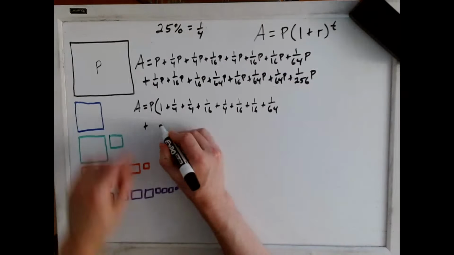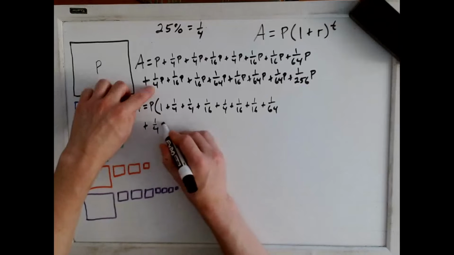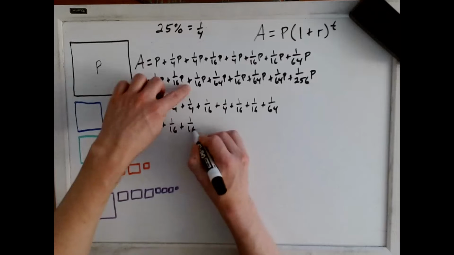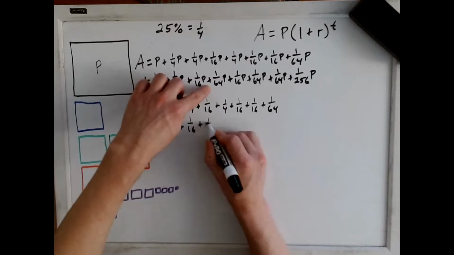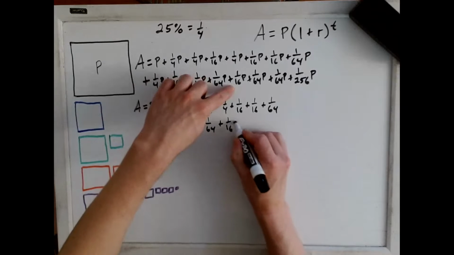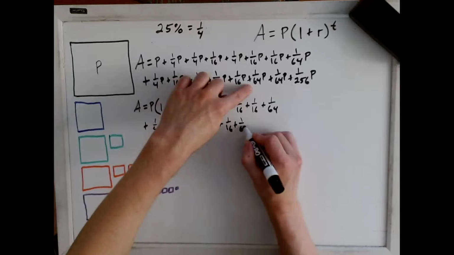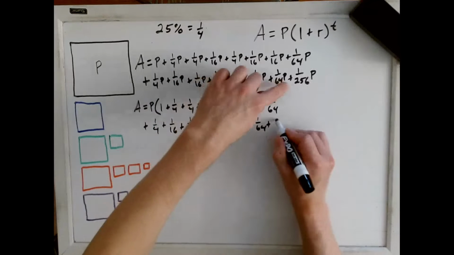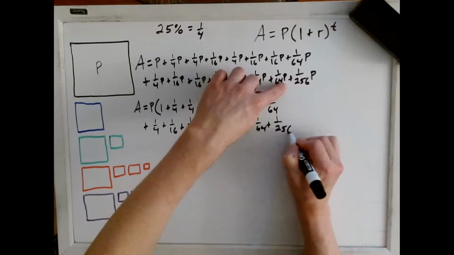Split the line here again: 1/4, 1/16, 1/16, 1/64, 1/16, 1/64, 1/16, 1/64, 1/256.